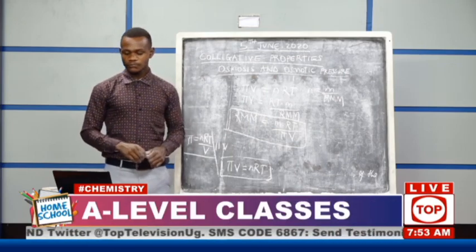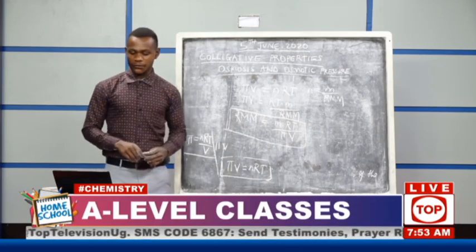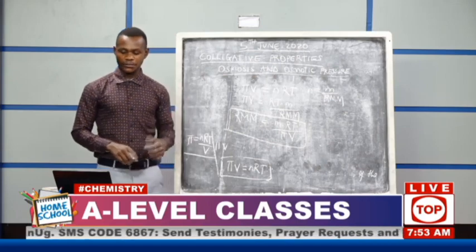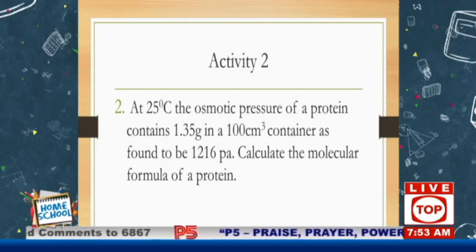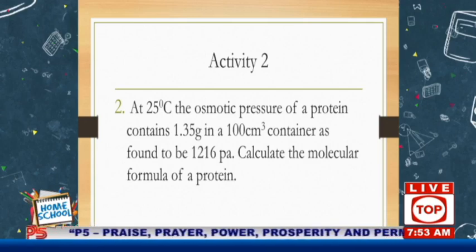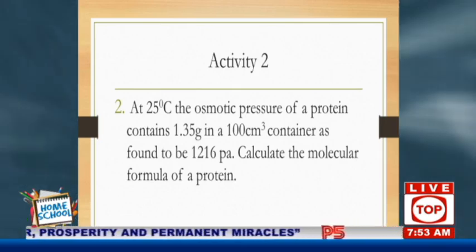Activity 2 is there. At 25 degrees Celsius, the osmotic pressure of a protein containing 1.35 grams in 100 centimeter cubed container was found to be 1216 pascals.